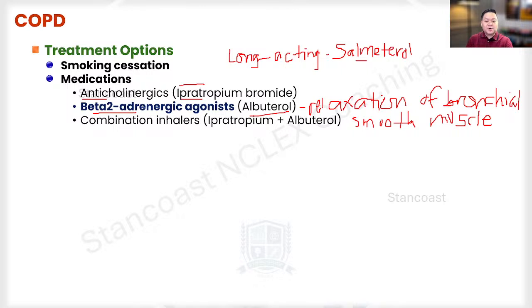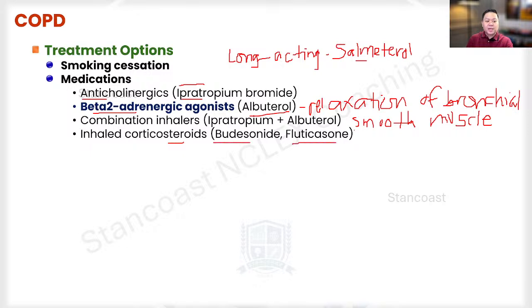Now, please take note, guys, that on top of these medications, the patient might also benefit from the use of the inhaled corticosteroids, and these are your budesonide and the fluticasone. Your key suffix right here is the zone. That stands for the corticosteroids. Okay, fluticasone and the budesonide. All right. Please pay attention here regarding the inhaled. This is inhaled corticosteroids.